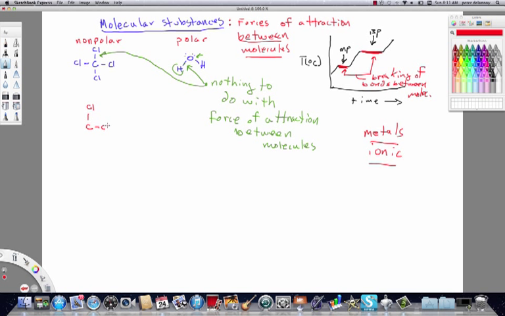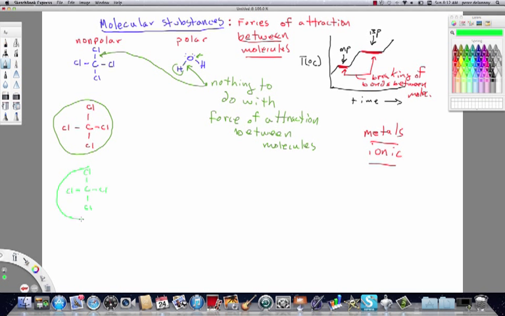So if we look at carbon tet and we just try to simply represent what's going on with that, we can have one molecule here. I'm going to put a circle around it. And we can have another molecule adjacent to it, like this.